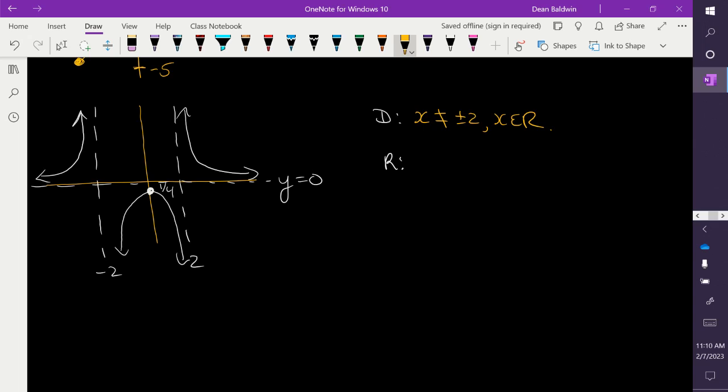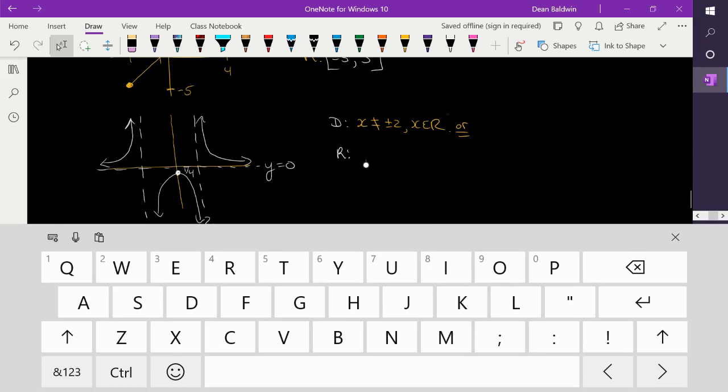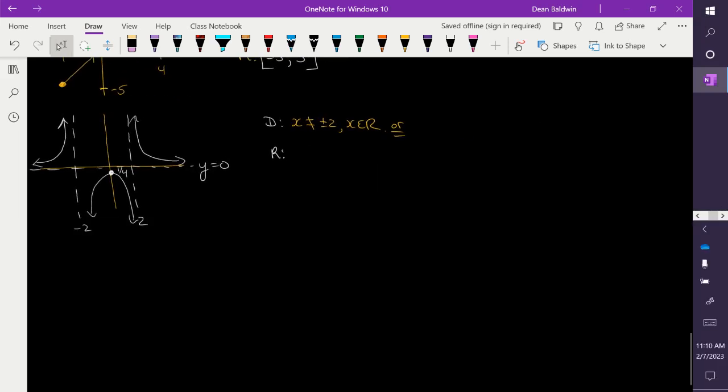Now, if we're going to write this in interval notation, I'm going to shrink it down a bit if I can. I can't. There we go. Okay. If you think about it coming from the left side, it can be anything out here, negative infinity, all the way up to -2, right? Everybody agree with that? So if you're going to write that part of the interval, you're going to go negative infinity to -2. Can you get to negative infinity?